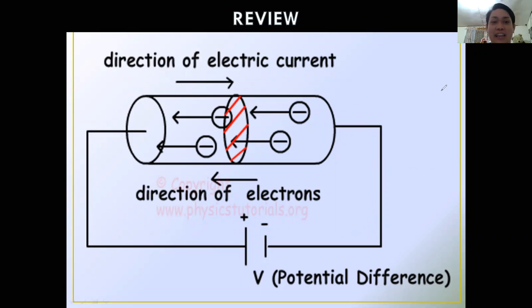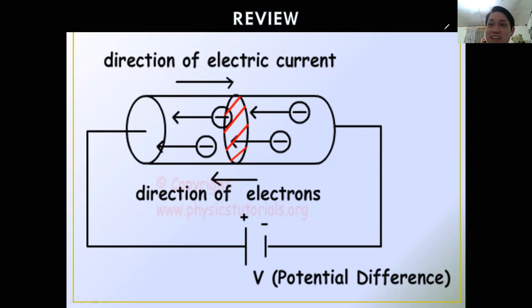That's why electrons move from the negative to positive terminal of the battery, and the direction of electric current is from the positive to the negative terminal of the battery. It is because of the force, which is called the force of attraction.